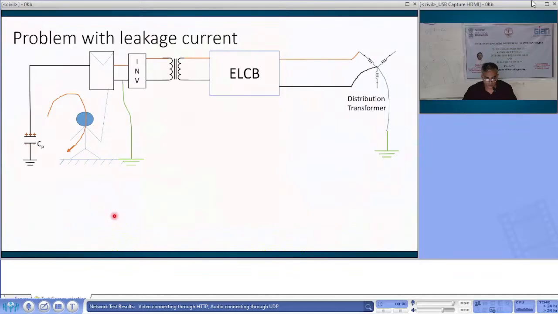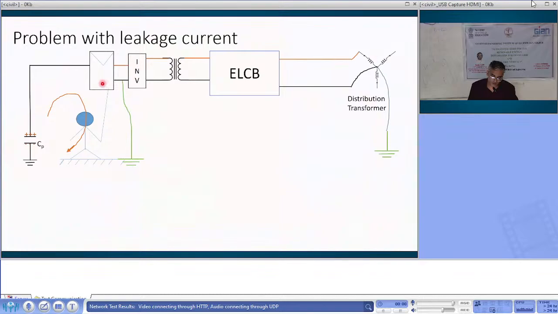In this case, you have to ground one of the terminals of the PV panel, either positive or negative. Once you do this, the capacitor will always get discharged. But when you have a transformer, you can directly ground one of the panel terminals, either positive or negative, to avoid that.